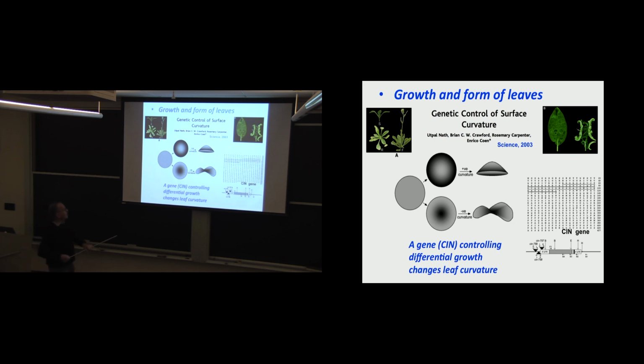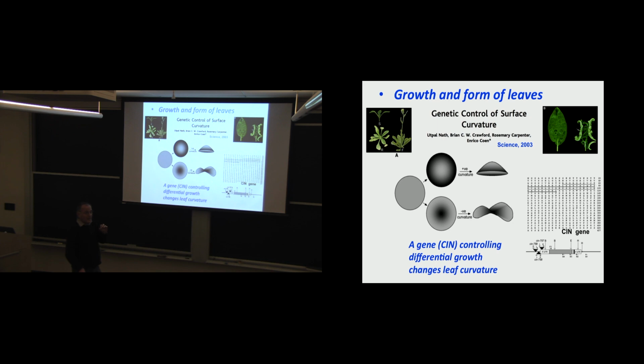In this case, we're talking about shapes of leaves. You know plants have leaves of different shapes, and it was demonstrated that differential expression of a certain particular gene, doesn't matter what it's called and what exactly it is, is sufficient to change the shape of the leaf.